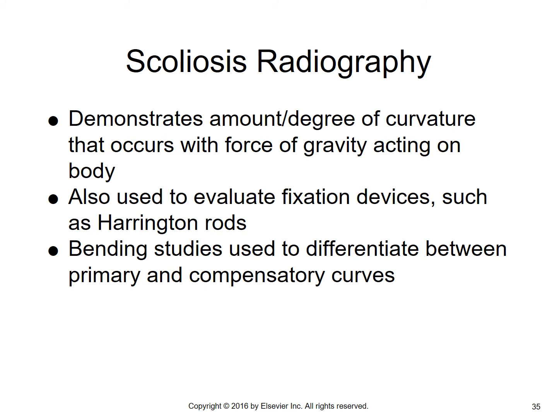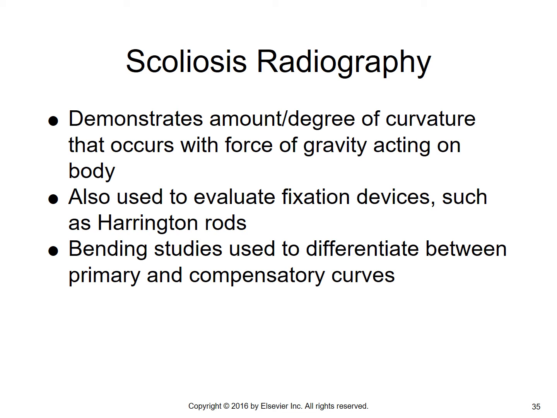What does the scoliosis series do? It demonstrates the amount and degree of curvature that occurs with the force of gravity acting on the body. It's also used to evaluate any fixation devices, such as Harrington rods, which are used to help correct severe scoliosis. Bending studies can be used to differentiate between primary and compensatory curves.